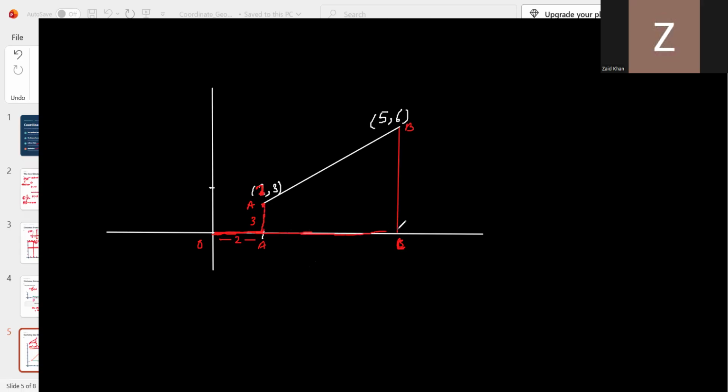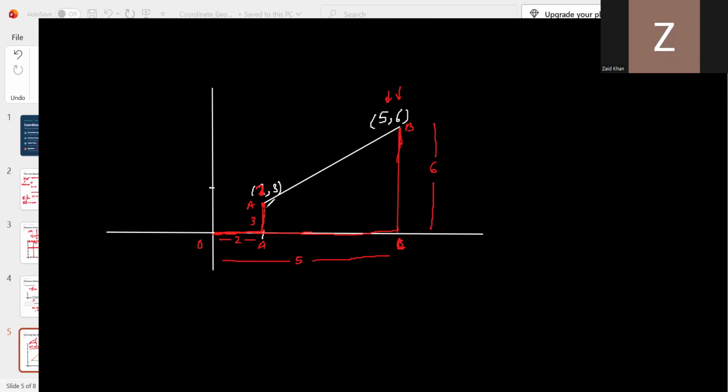We have to see the x coordinate. The x coordinate is 5. So the total distance is 5. Now, if this is 3, what is the perpendicular distance from the x-axis? I have already told you the y coordinate will be the perpendicular distance. The whole distance is 6 units.